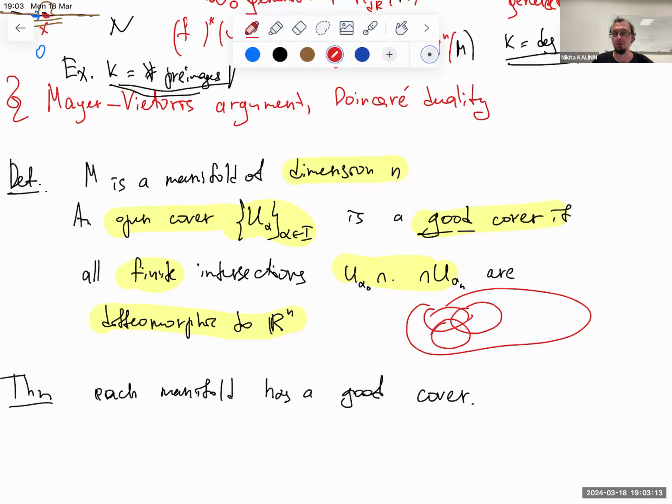Okay, and then I claim that each manifold has a good cover. Have you seen such a theorem before in any course? Who knows how to prove it?